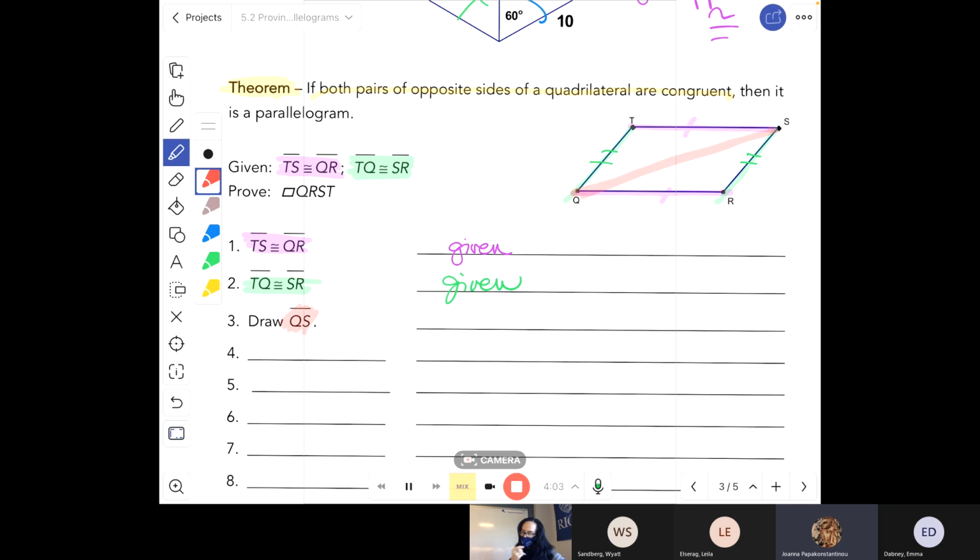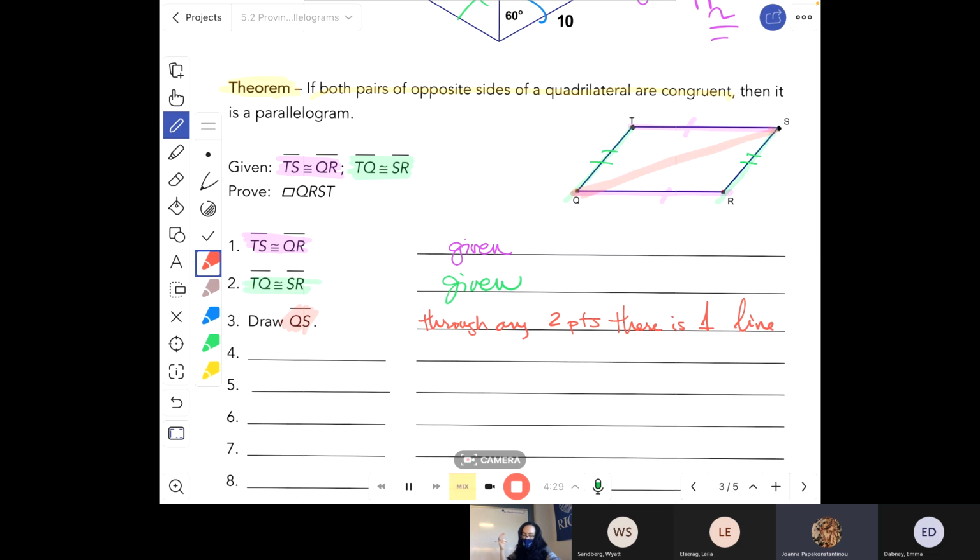And what is the reasoning? How can we write that QS? What allows us to draw that line segment? Beautiful. Because through any 2 points, there exists one line.